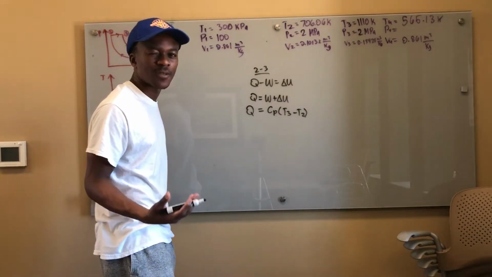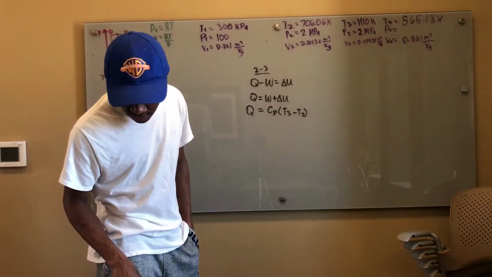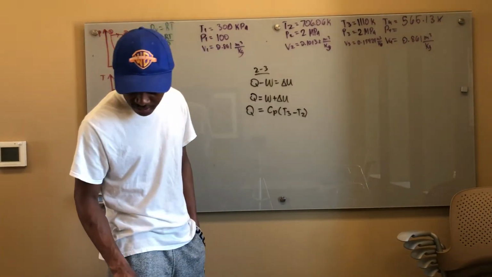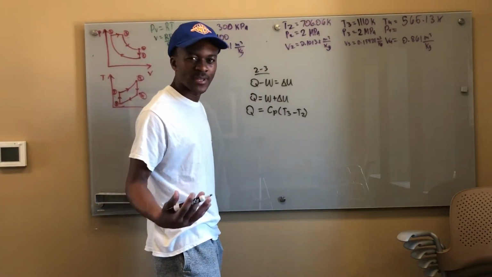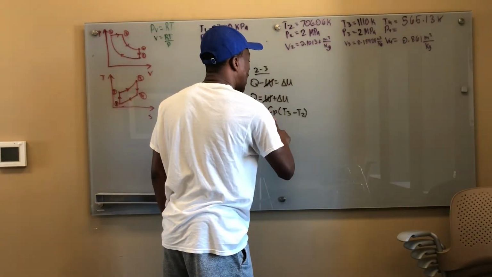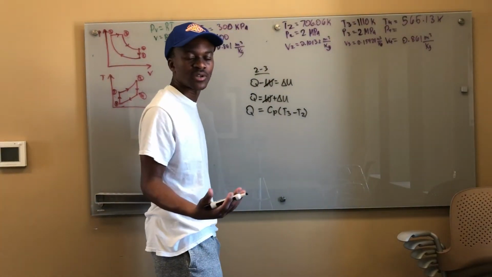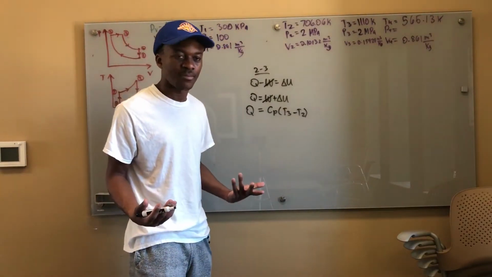There's no work from the constant pressure heat addition, okay? And let me just double check myself on that. So yeah, this should be CP. Yes, there's no work when this is happening, so I can go ahead and cancel this out. Yes, it is W plus delta U, but W doesn't apply here because there's no work being done.